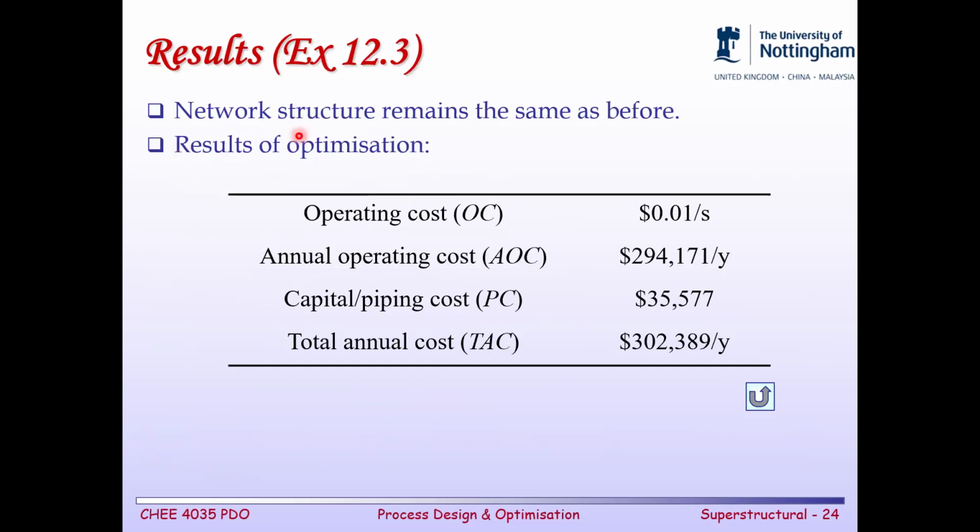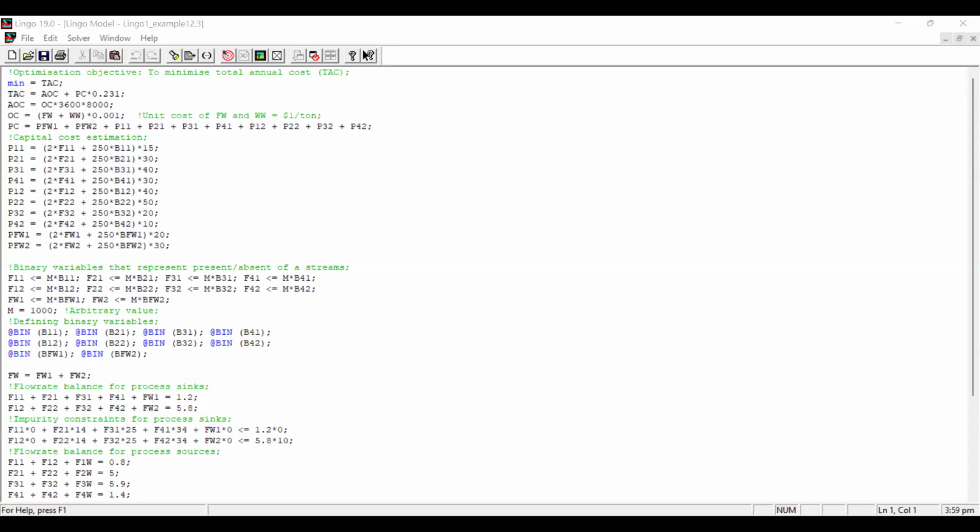And what you will get should be equal to these values. So let me open that for a while. This is the Lingo code. I did not convert it to sets, but if you want, you can convert it to sets.